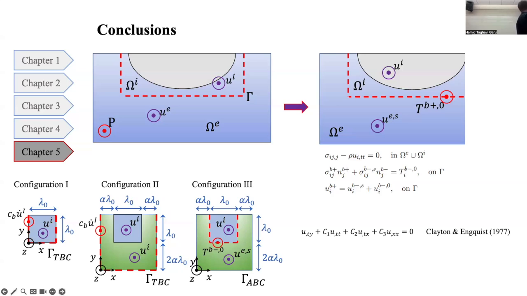In that case, we should probably see the errors for all of these configurations be the same. I should mention that implementing these higher order absorbing boundary conditions in a finite element setting is really difficult. It's almost impossible. But the good point of the PIN is that we can implement them easily within the PIN framework. So that's one of the advantages of using the PIN.